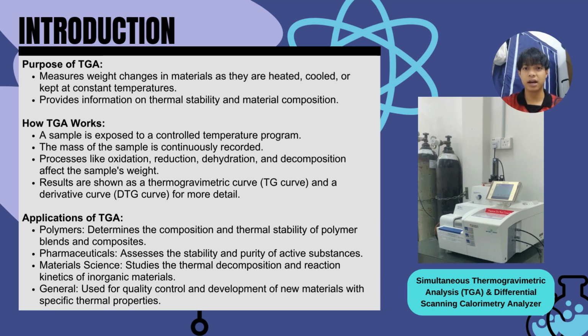The weight changes are displayed as a thermogravimetric curve or TG curve and a derivative curve, known as the DTG curve, which provides more detailed information on the rate of weight change.